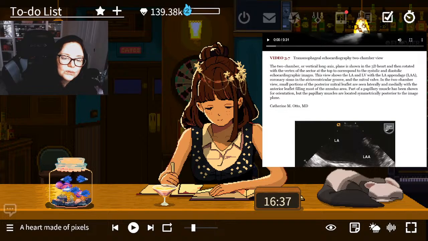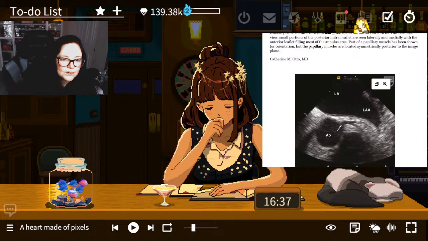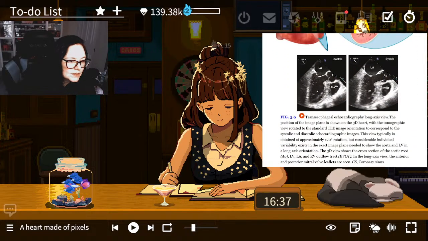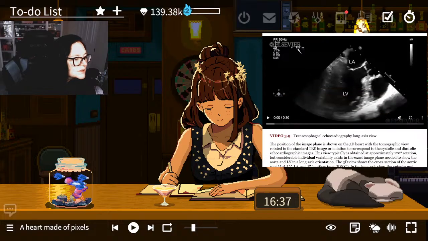Okay. I'm going to say it's because I think it's just the aorta looks big, because I'm pretty sure I can see the coronary sinus off of that.